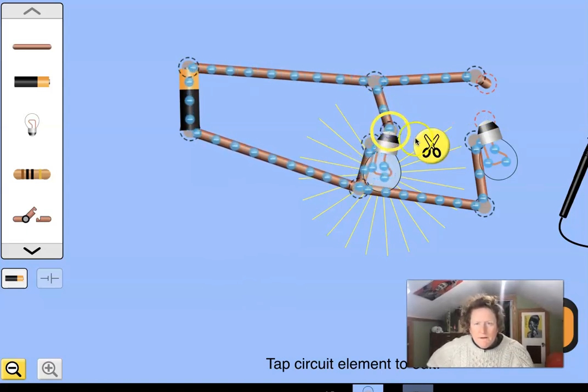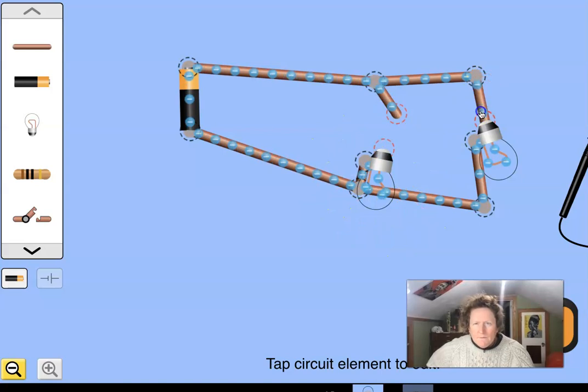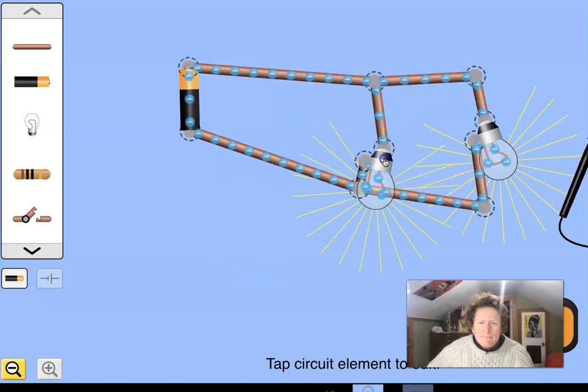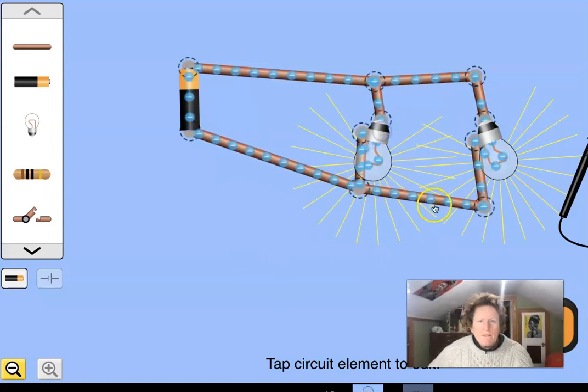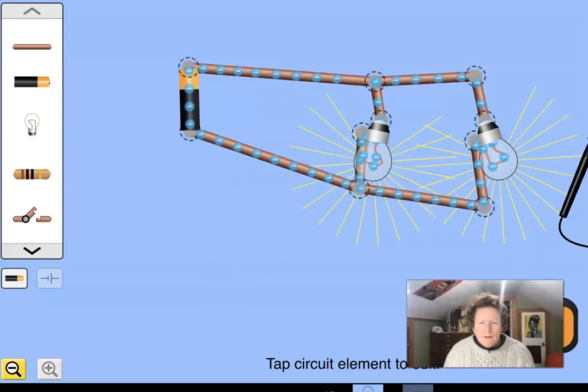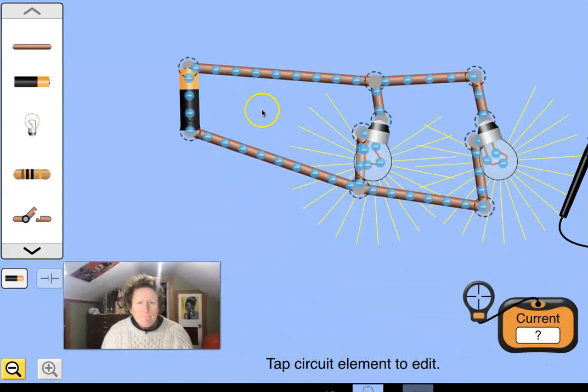If this gets cut off, you can go visit the other friend, and it all works out. So this is what's called a parallel circuit. Let's put this all back together again. It's two different circuits that are connected. There's two separate paths for each light bulb.